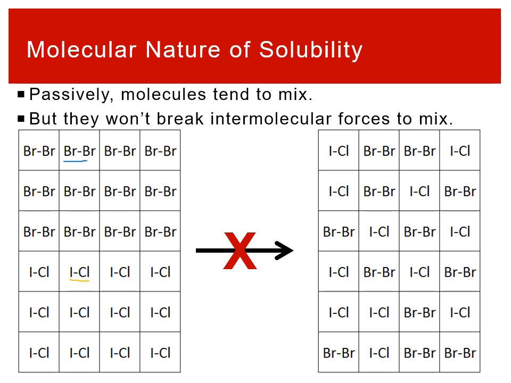If we keep them heterogeneous, that would be something like this, where they are divided. We'd have a region of bromine and a region of iodine chloride. That would be distinct from a homogeneous mixture, or a solution, where they are all mixed together. And because these have different types of polarity, we would expect this mixing doesn't happen.